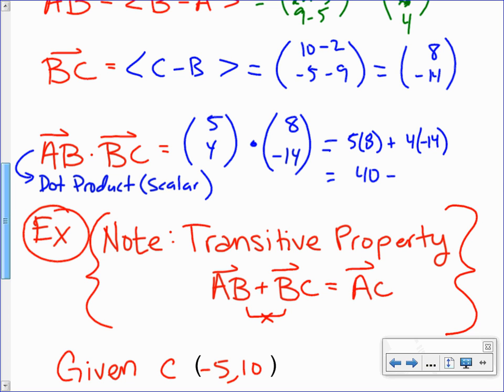If you're taking the dot product of two vectors, it's a scalar. The dot product is also called the scalar product.